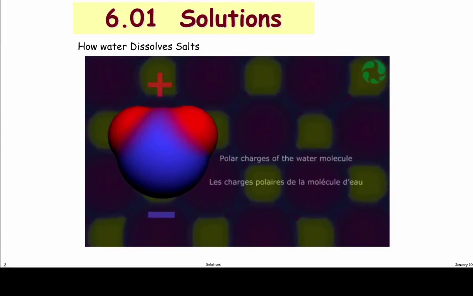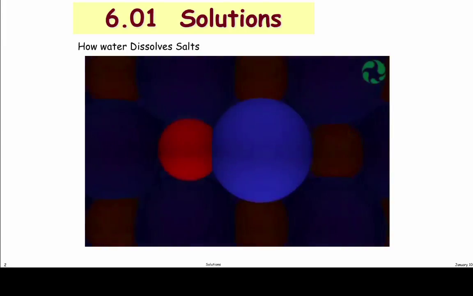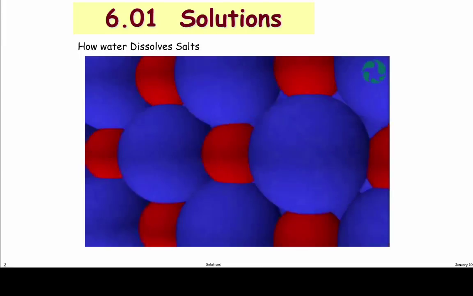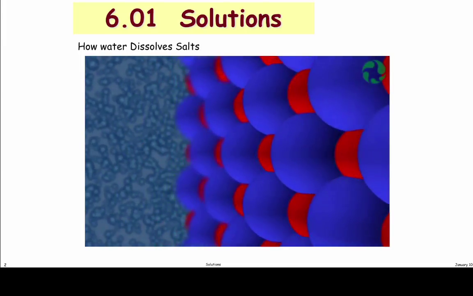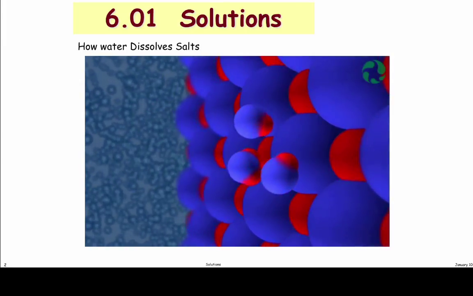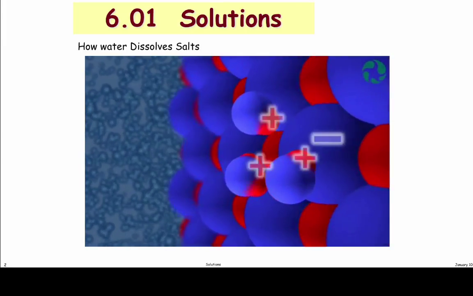Here you see the hydrogens in red and the oxygen in blue. The hydrogens are positively charged, the oxygen's negative, and then you have the ionic substance, sodium chloride. Sodium's positive, chloride's negative. And you can see here where opposites attract.